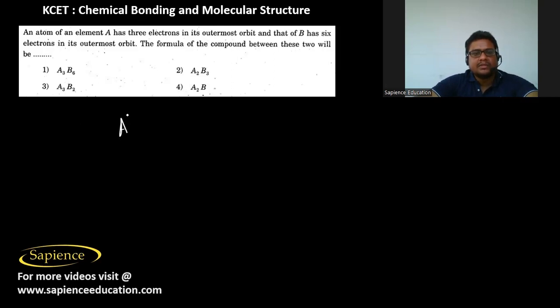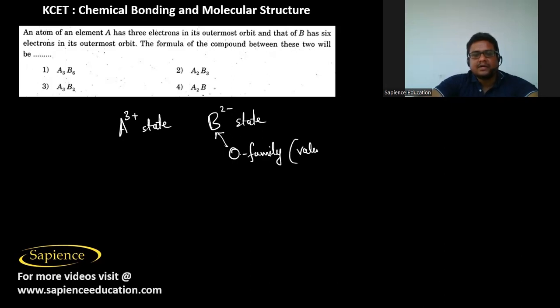Then here it is told an atom of an element A has 3 electrons in its outermost orbit. So it means that it can have A3+ state. And B has 6 electrons in its outermost orbit, so it can form B2- state. It means since it has got 6 electrons, it is in the oxygen family, a kind of chalcogen, so its valency will be -2.